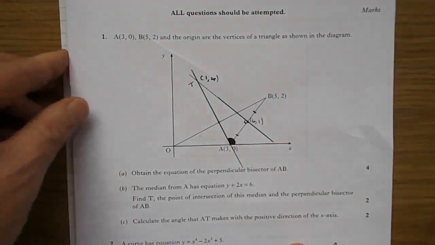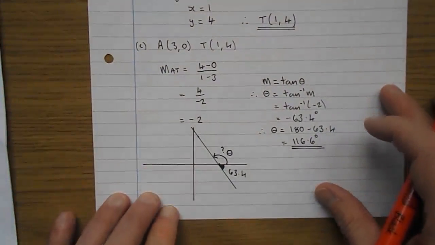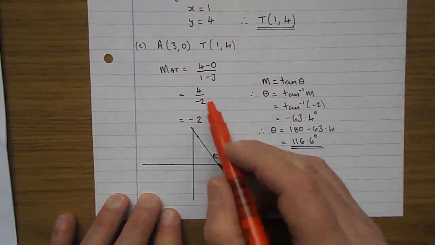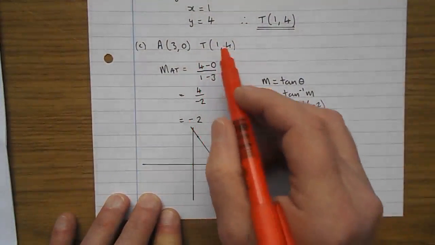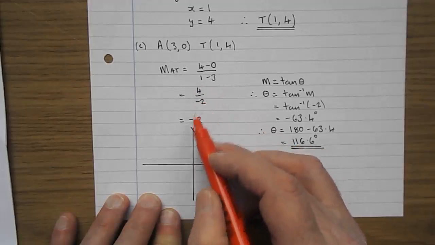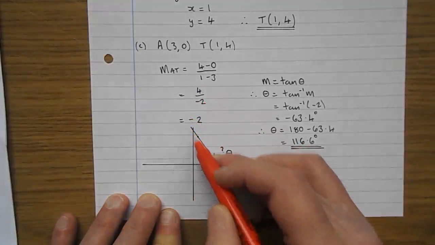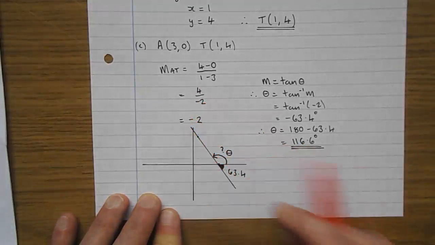But something happens that you're just about to find out. When you get the gradient from A to T, 4 take nothing over 1 take 3, 4 take nothing is 4, 1 take 3 is minus 2. You get the gradient of that line being minus 2. So there's a quick sketch of A to T down here.